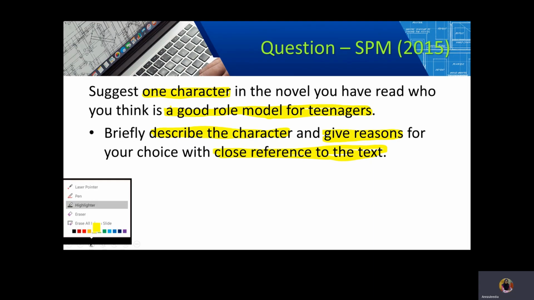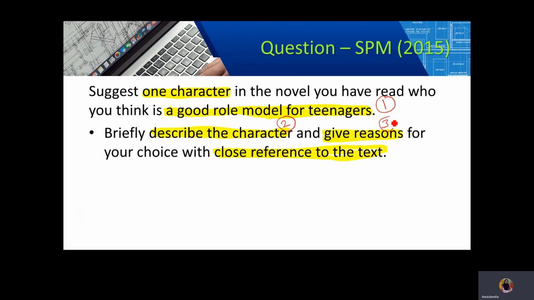Now let's look at the keywords again. Number one is we're looking at a character who is a good role model. Number two, you need to describe the character a little bit. Number three, you need to give reasons why you think that character is a good role model for teenagers.